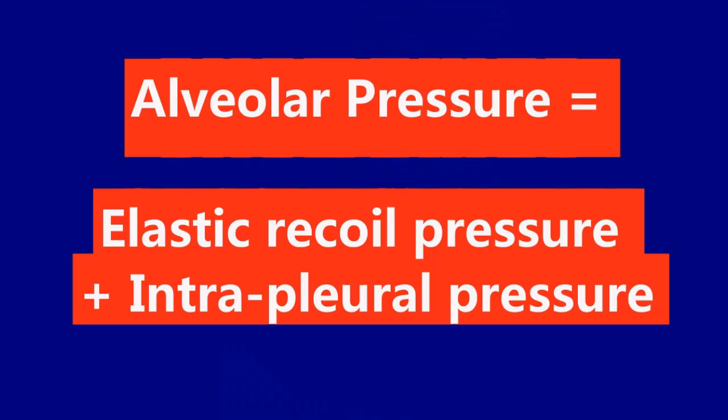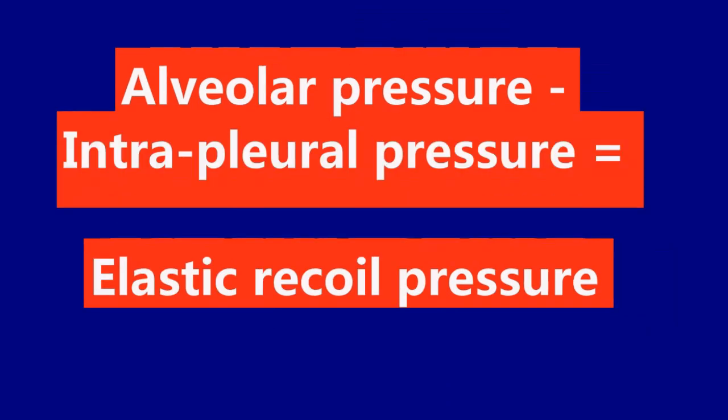And so, in case of equilibrium, when there is no airflow into the lungs, when the lung size is stable, the alveolar pressure will be equal to the elastic recoil pressure plus the intrapleural pressure. We can change this formula and say it in a different way: the alveolar pressure minus the intrapleural pressure is equal to the elastic recoil pressure. Of course, this is in case of equilibrium when there is no airflow into the lungs.